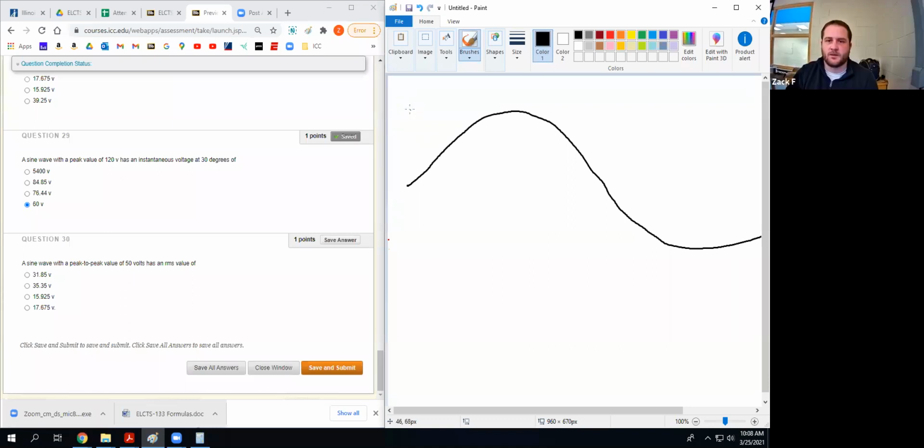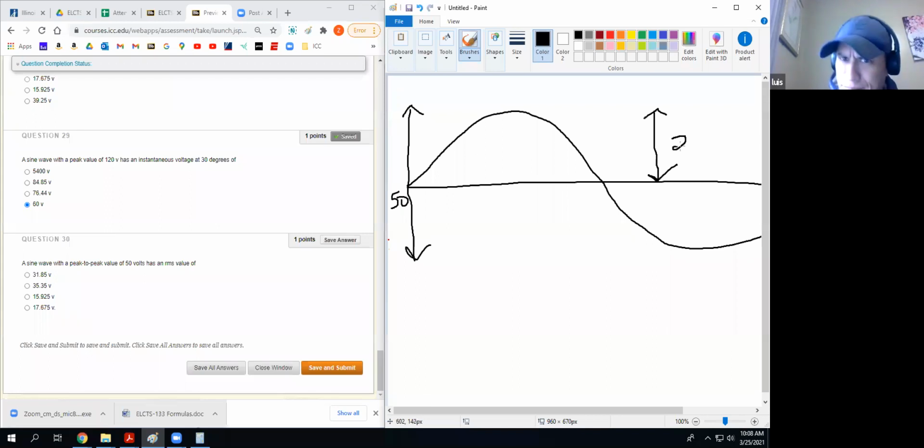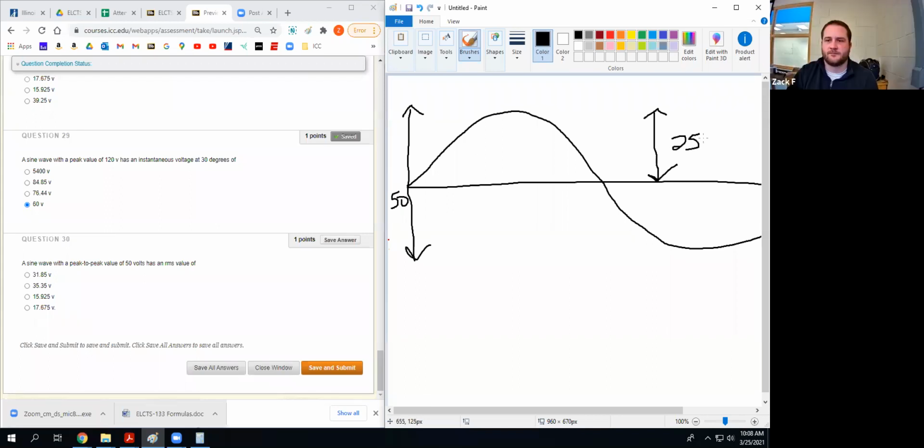So peak to peak is 50, which means peak is how many? Peak to peak 50, so peak is 25. Oh, okay, never mind, I did it wrong.